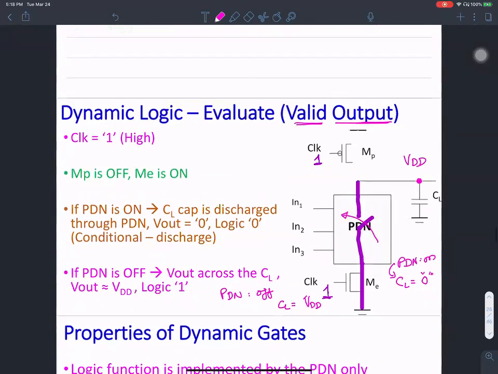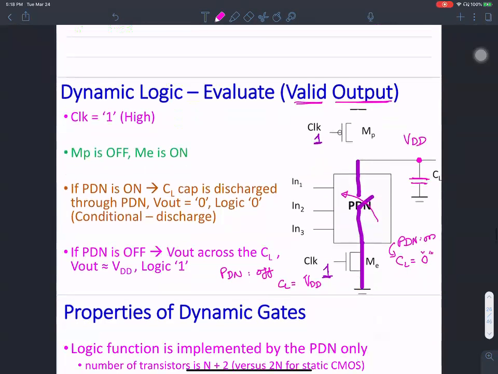Following the pre-charge phase, this capacitance has a value of VDD. Now the evaluate phase comes. During the evaluate phase, either this pull down network is on or off.